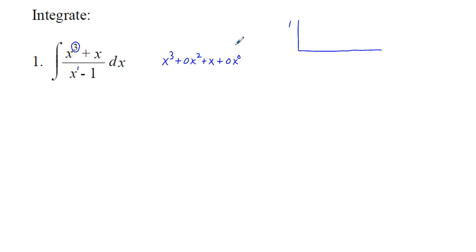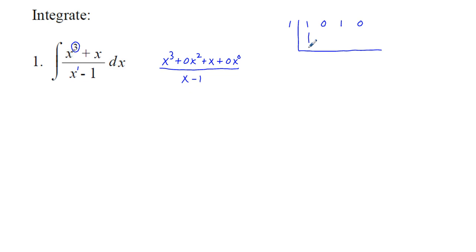Let's go ahead and put these up here, and of course we're dividing by x minus 1. We put the value of the zero here in the corner, and then the number of x cubed, number of x squared, number of x's, and the number of numbers, which is 0.